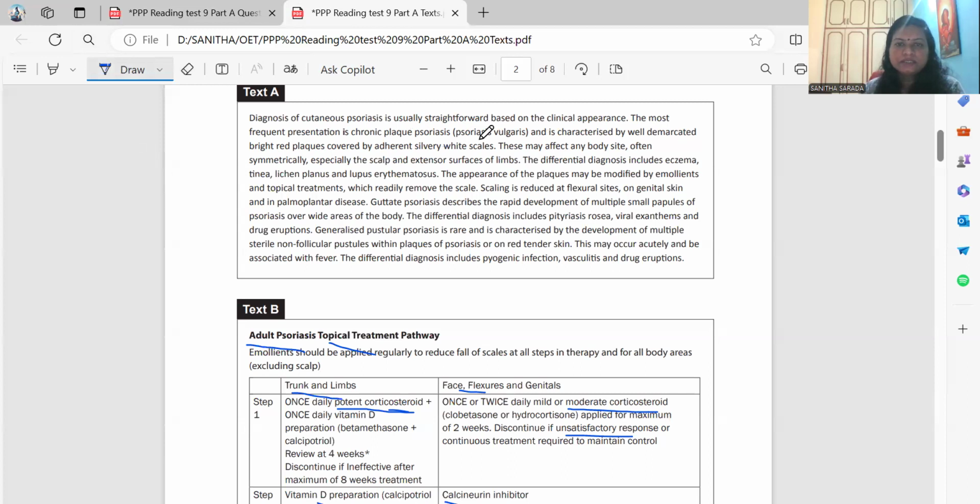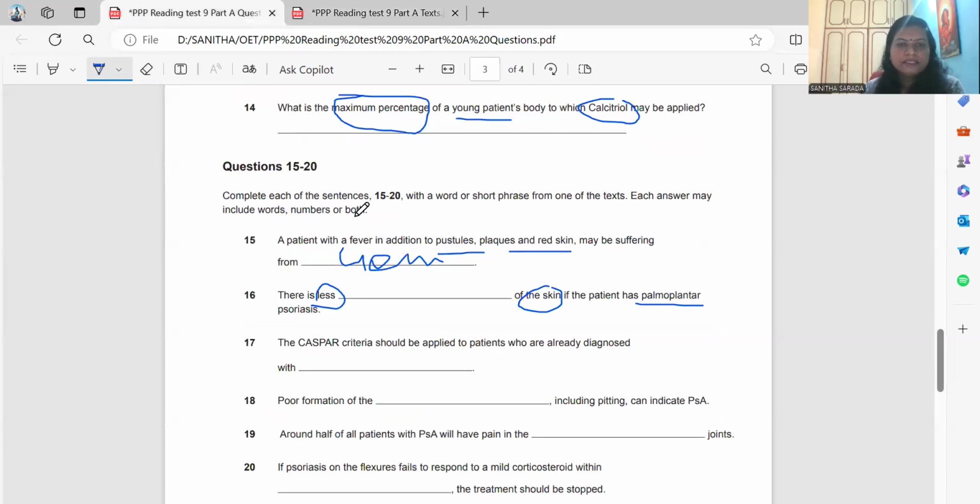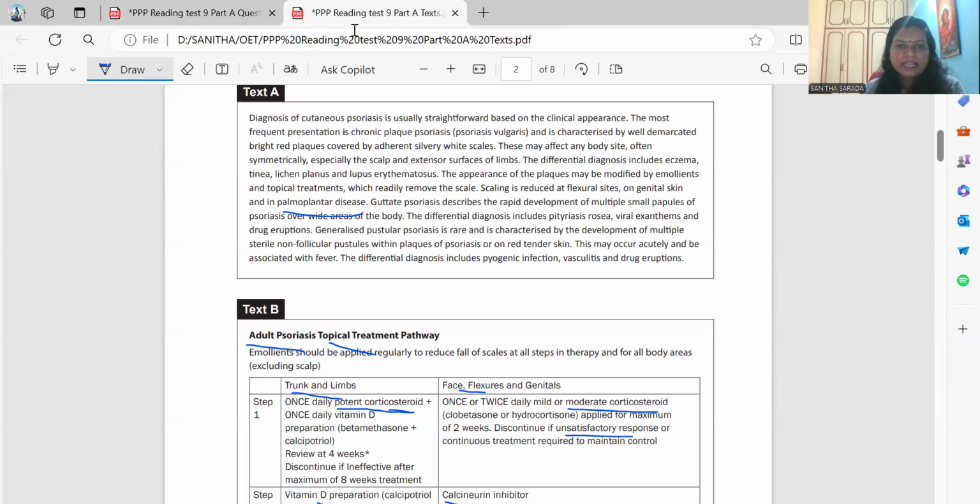See, palmoplantar disease. Okay, skin and in palmoplantar disease. Okay, there is less. That is another question. Scaling is reduced. Reduced means less. Okay, synonyms, paraphrase.